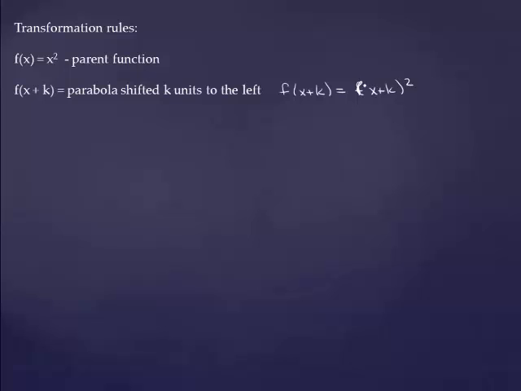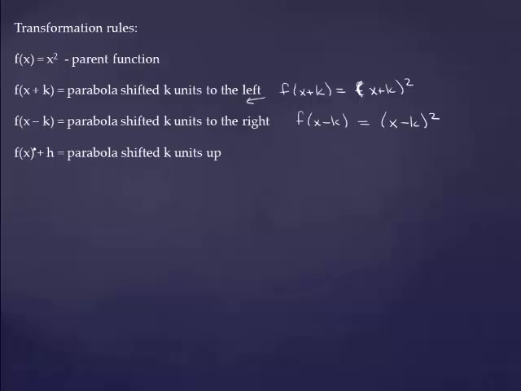And then you'd FOIL it out. It shifts k units to the left, so backwards of the sign. If we have x minus k, that would be x minus k squared. And that shifts to the right.